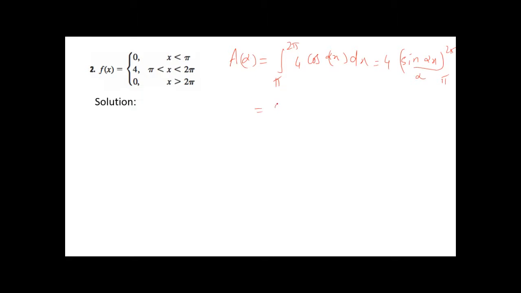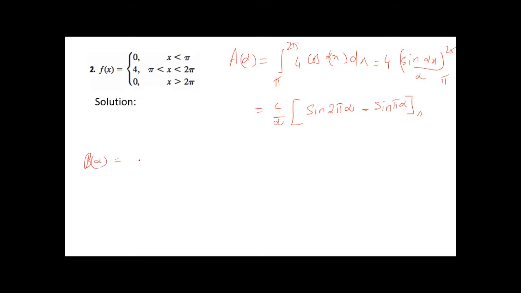So simplify it: 4 over alpha, substitute x as 2 pi, sine 2 pi alpha minus sine pi alpha. As far as we don't know the value of alpha, we cannot write it as 0 or non-zero, right? Leave it as is. This is A of alpha.